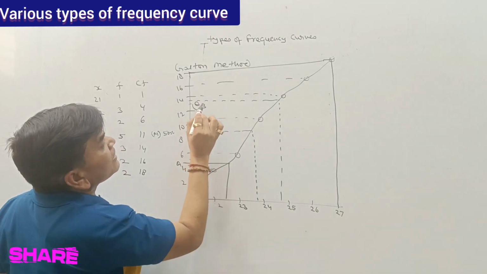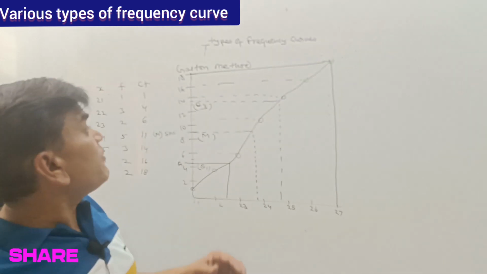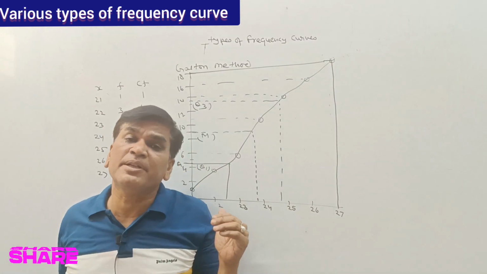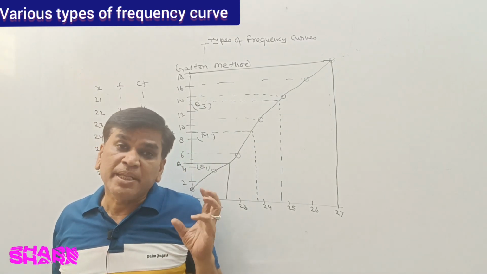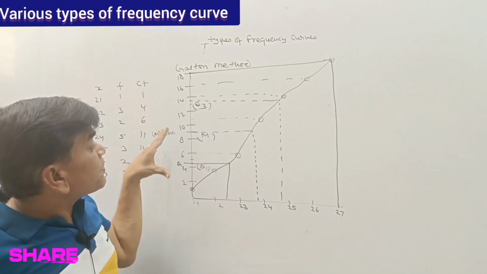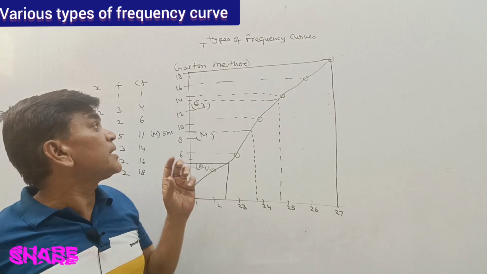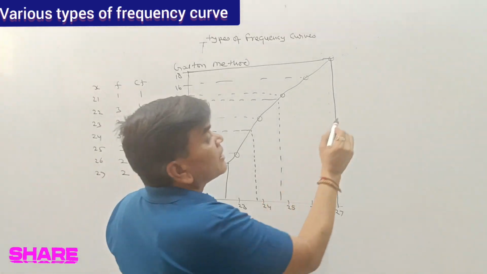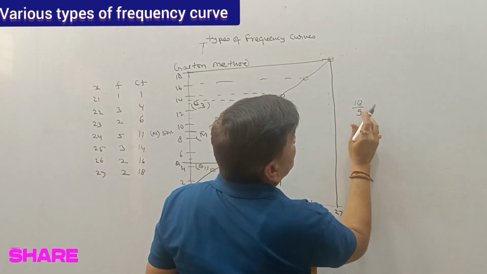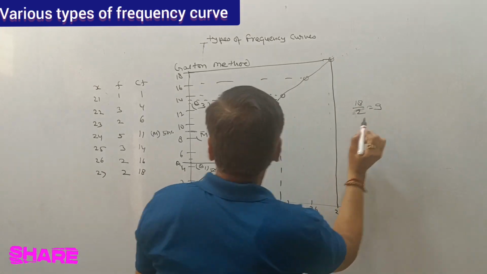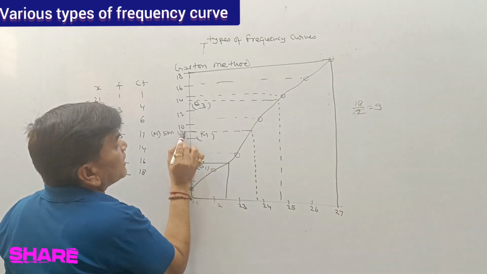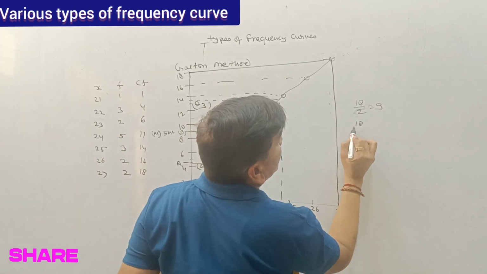So in the Galton method, firstly we have the cumulative frequency curve, then 50% of the CF, that is 18 divided by 2, which is 9. So we draw a perpendicular from 9.